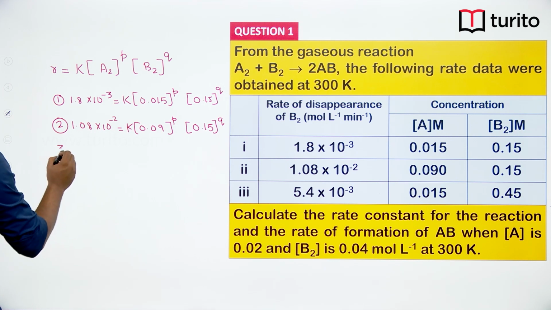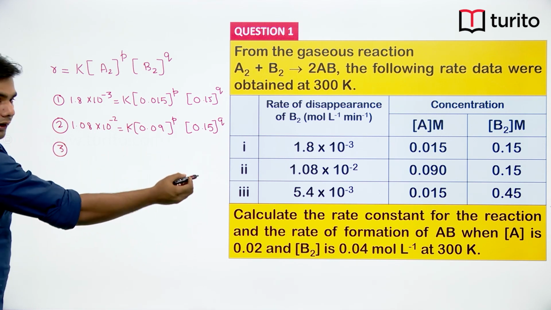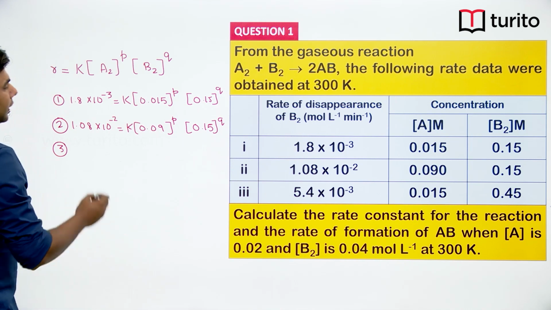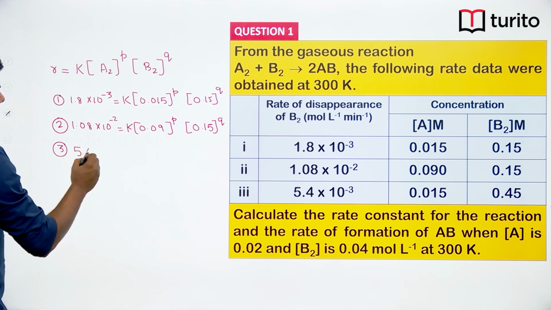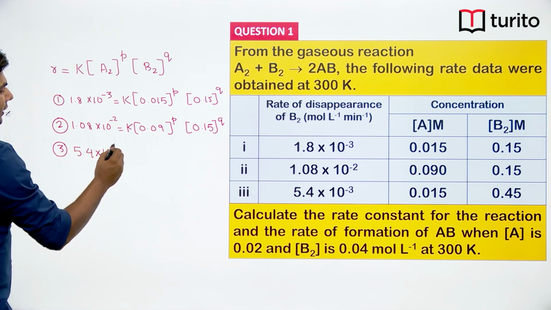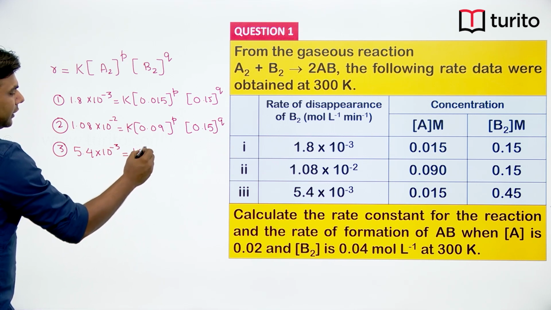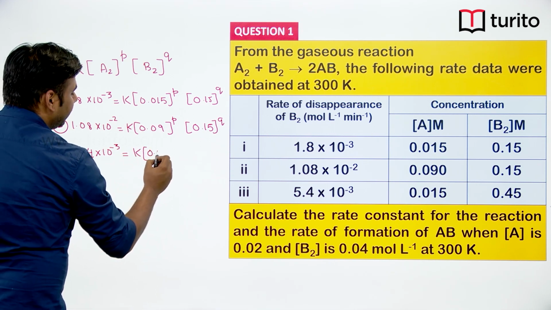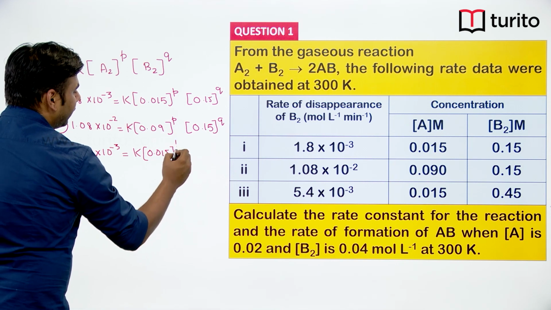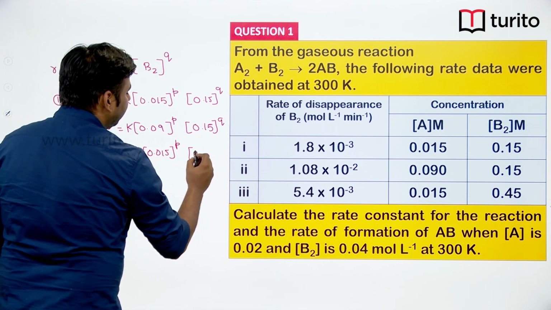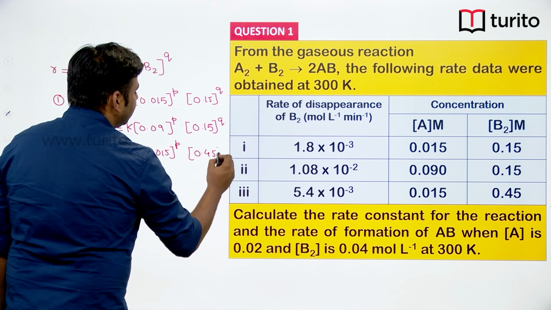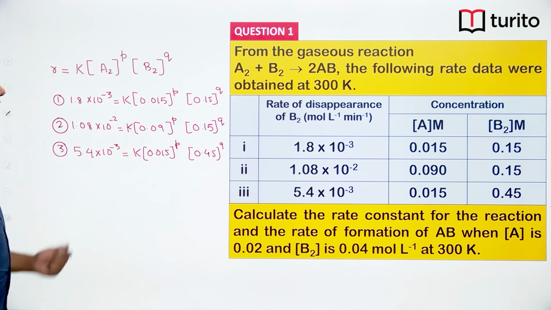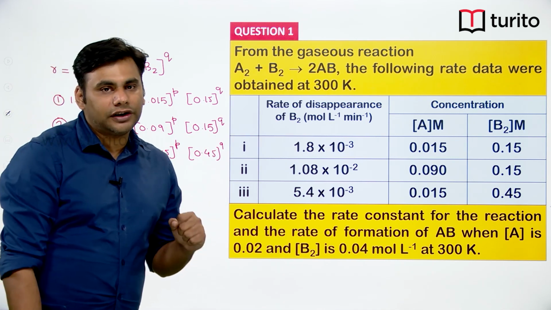Similarly, we will write the rate according to the third data given to us, which is 5.4 into 10 raised to minus 3. This will be equal to K into concentration of A is given as 0.015 raised to power P into 0.45 raised to power Q. So basically we have established 3 equations.